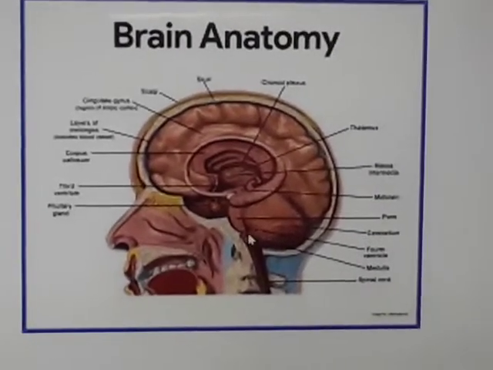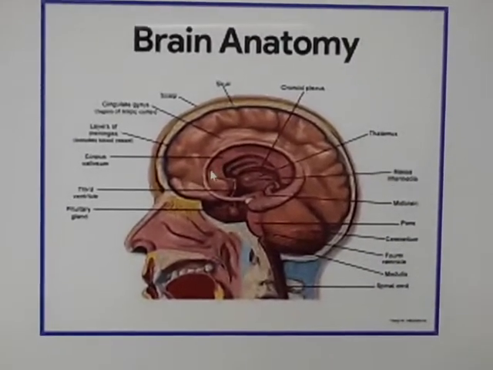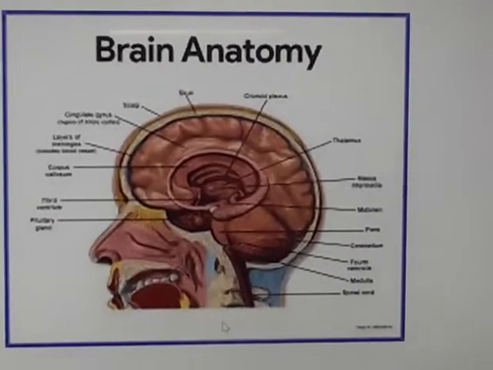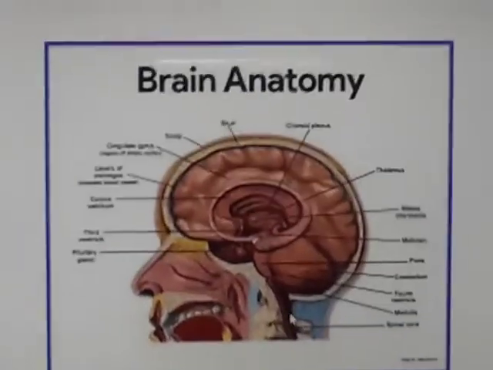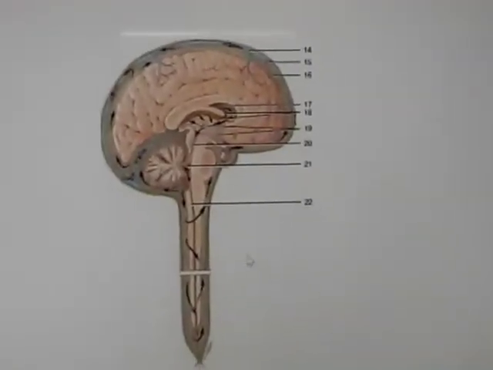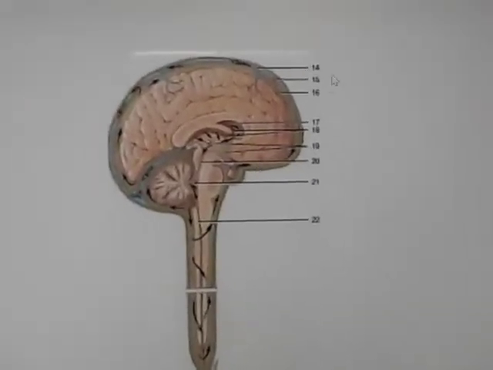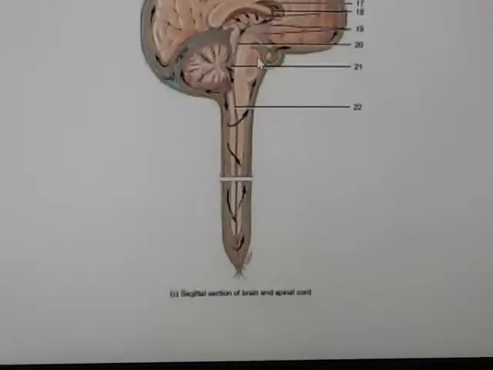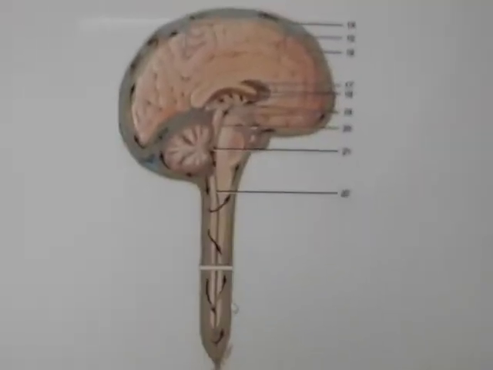Then this part consists of the major controlling portion, like the hypothalamus, the pituitary are situated here. Then from here, the brain stem to the spinal cord starts. And look at this. This is one of the most beautiful diagrams we can see about the brain. This is how the brain actually looks, and this is where the spinal cord starts, or the brain stem.